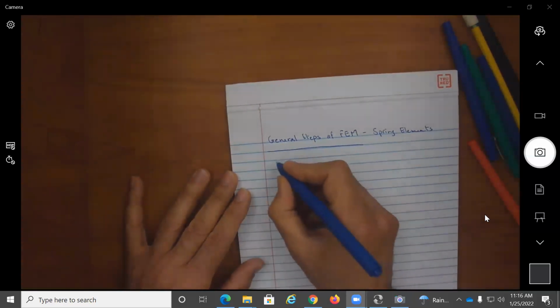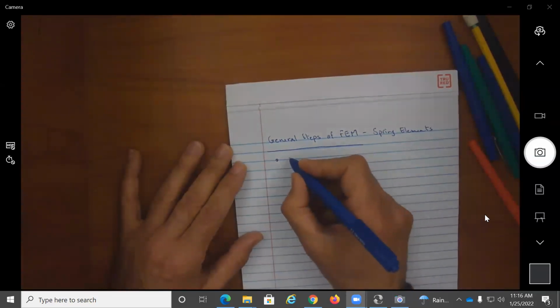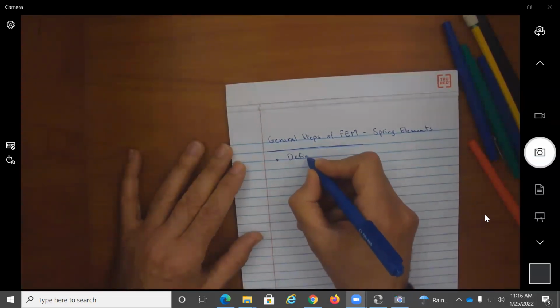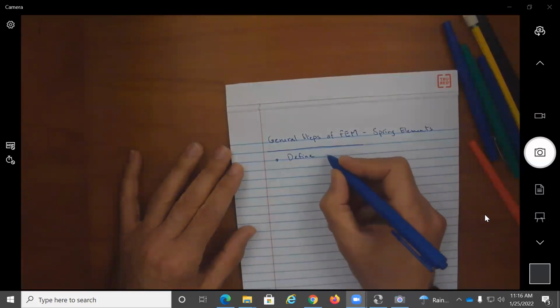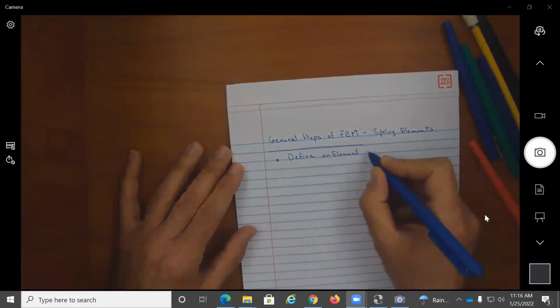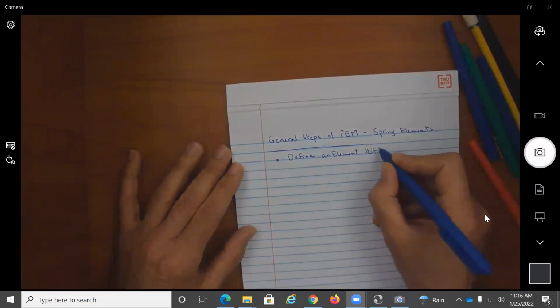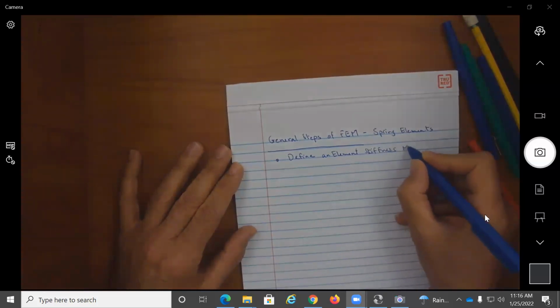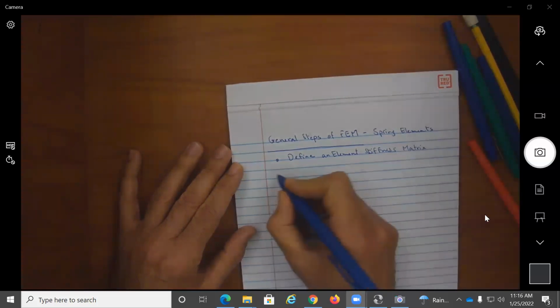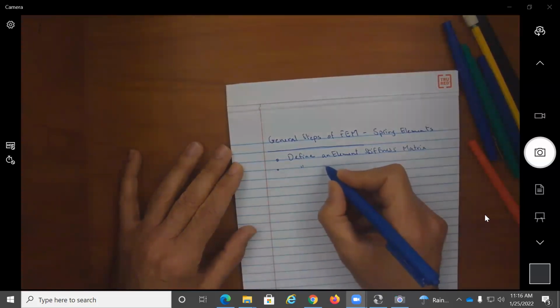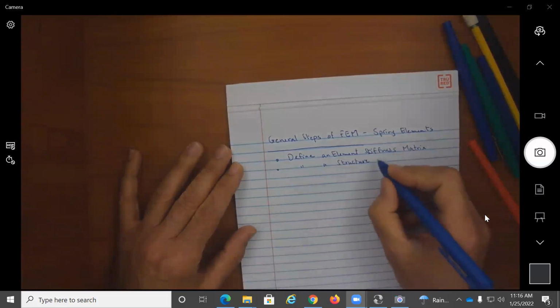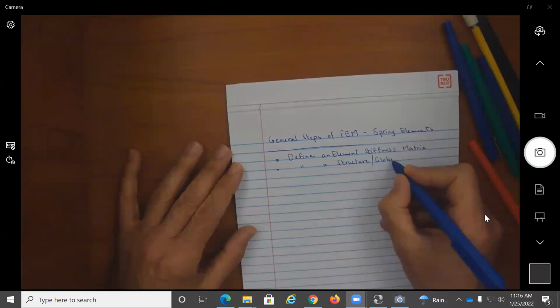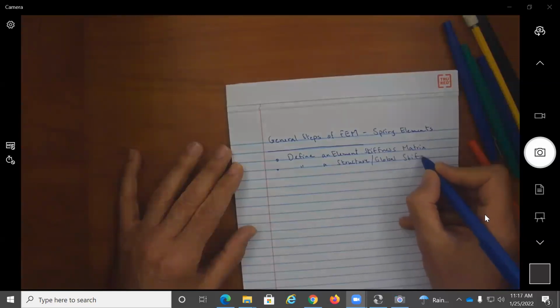Some of our objectives today would be to define an element stiffness matrix, and define a structure or global stiffness matrix.